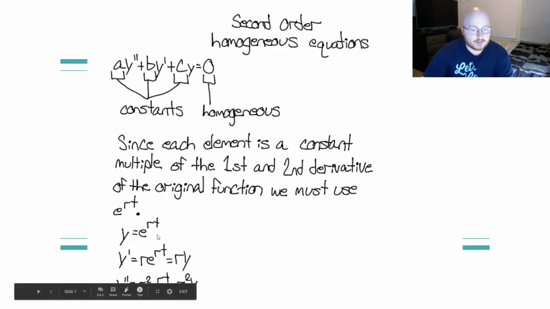So y prime, the derivative of e to the rt, is r times e to the rt, which boils down to ry. And the same thing with the second derivative. It's r squared y.